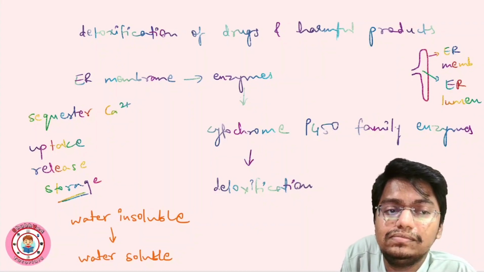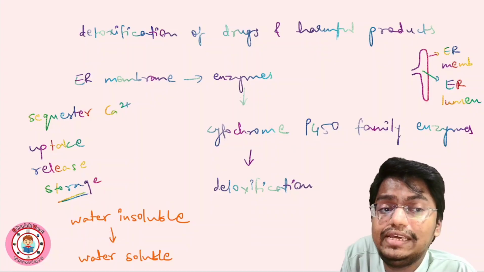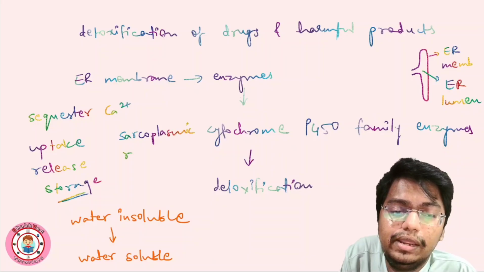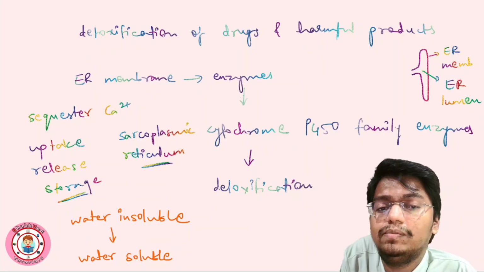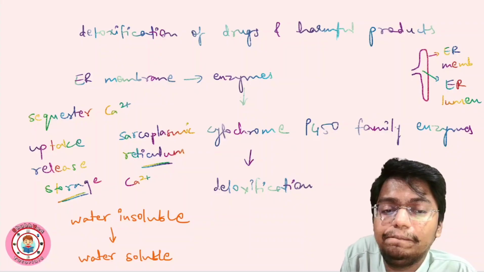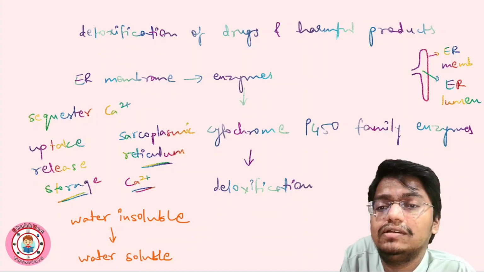And to talk about a specific ER, the one present in muscle cells, the sarcoplasmic reticulum. Okay, muscle cells have this special type of ER which has calcium storage and release function for muscle contraction and relaxation, right?